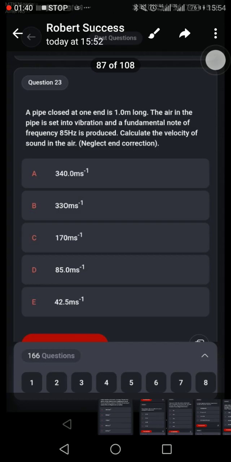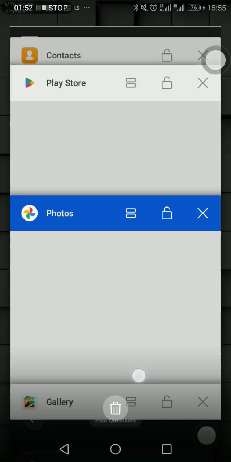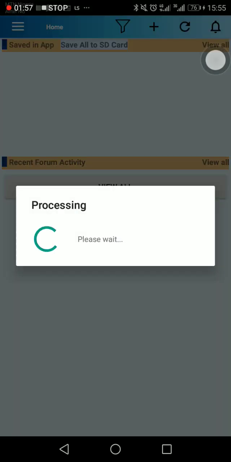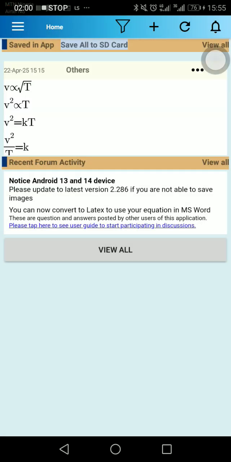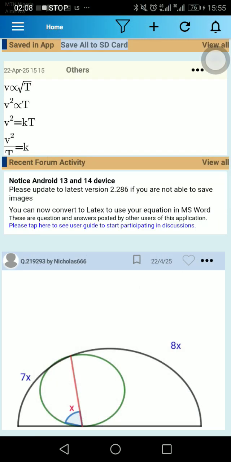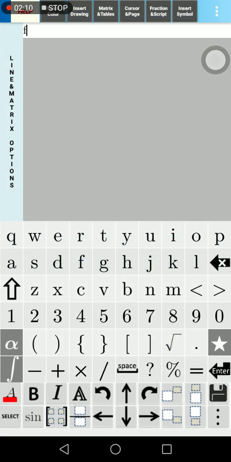Now this is a closed pipe, remember? And what's the formula for the fundamental frequency of a closed pipe? F equals V over 4L. So we have F equals V over 4L.